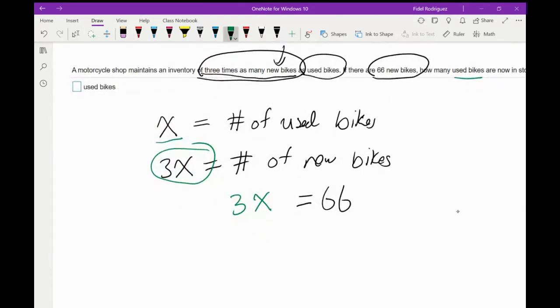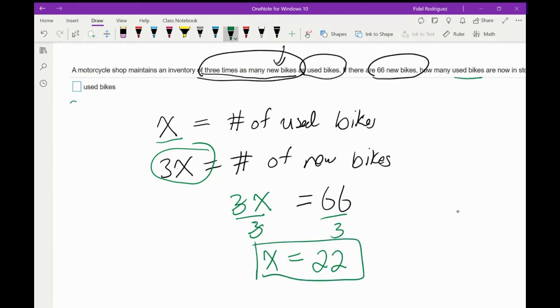What I'm going to do here, y'all, is go ahead and divide both sides by the number 3. And so 66 divided by 3 would give me 22, right? So right here, I would just write in the number 22.